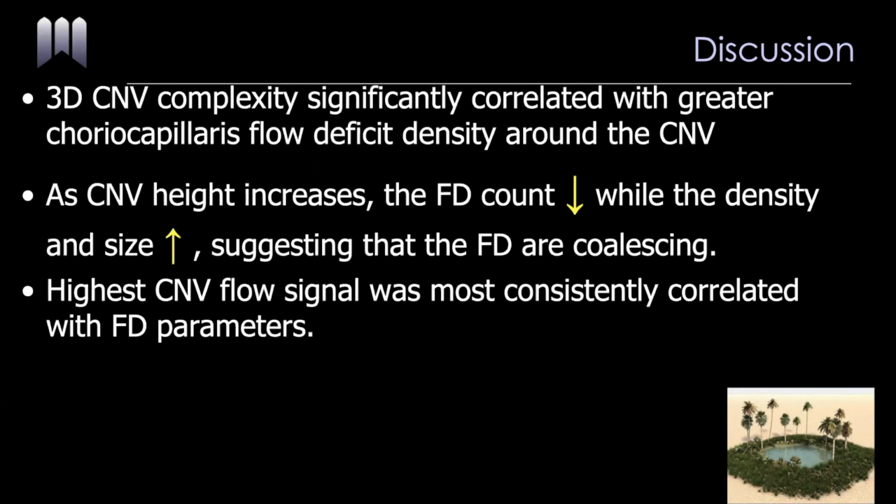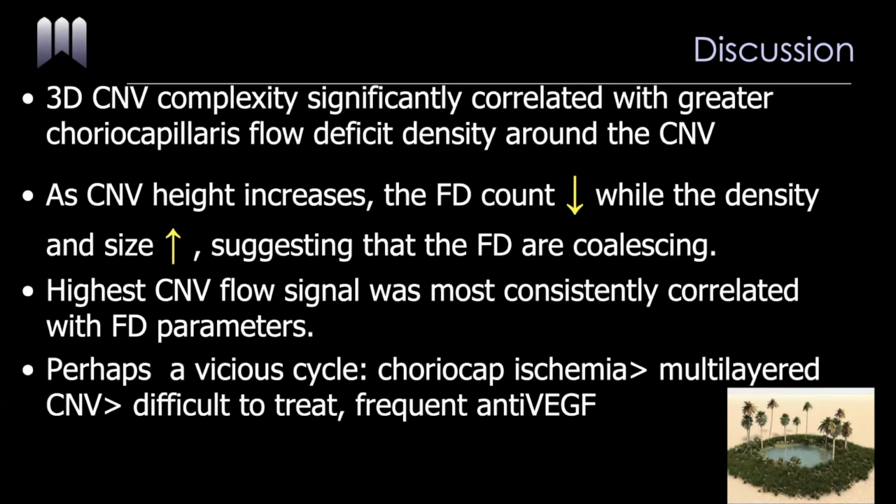So perhaps to put it all together, this is a vicious cycle where choriocapillaris ischemia is inviting these multi-layered CNVs that keep growing and leaking. And with RPE ischemia, that process becomes harder to control, requiring more frequent anti-VEGF injections.